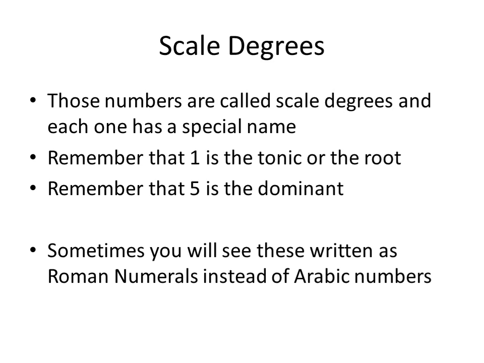You do need to know that number 1 is the tonic, and sometimes people call it the root. And number 5 is the dominant. That'll come in handy when we start to talk about 7 chords. Sometimes you'll see these written as Roman numerals, and I'll talk about that in a minute. I typically use Arabic numbers.